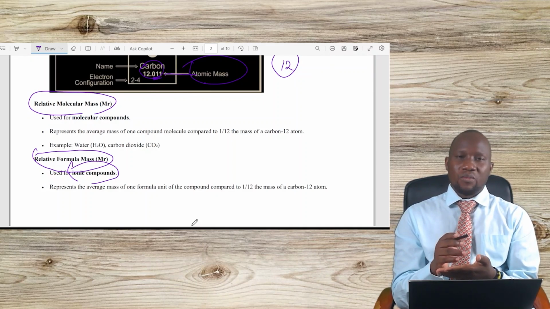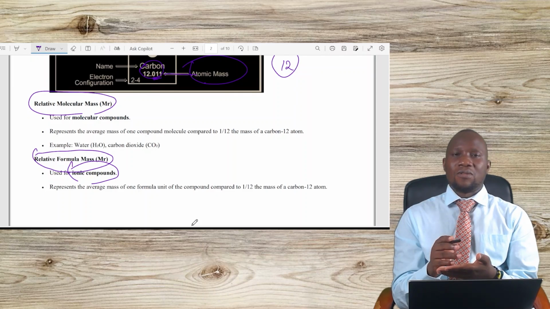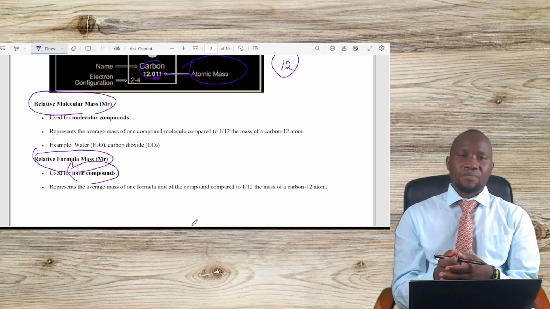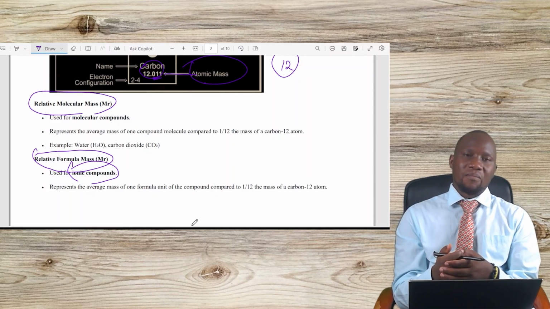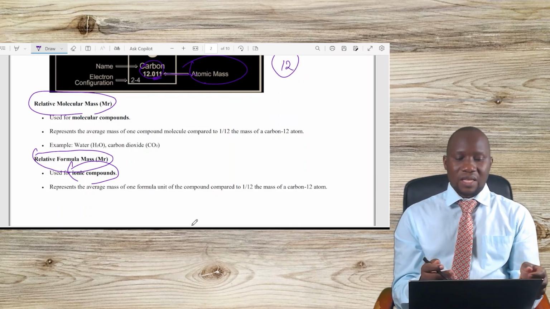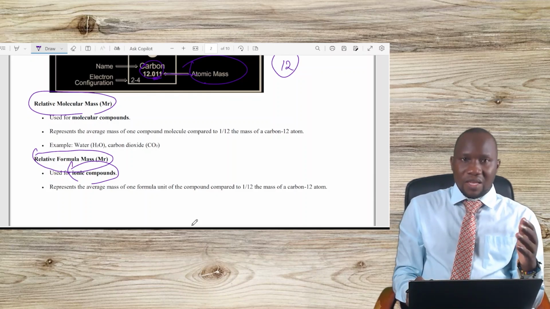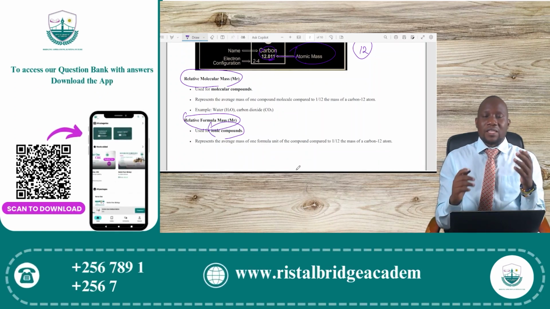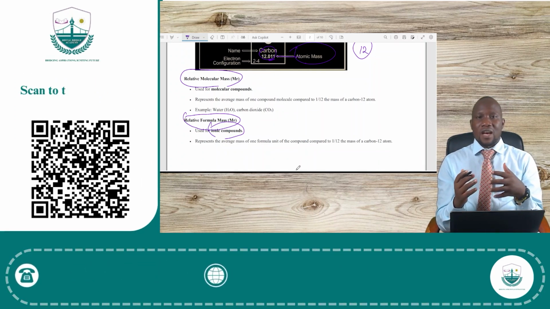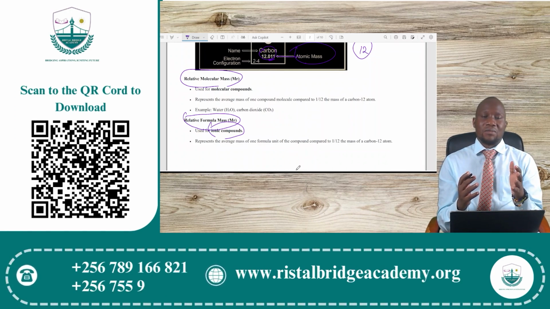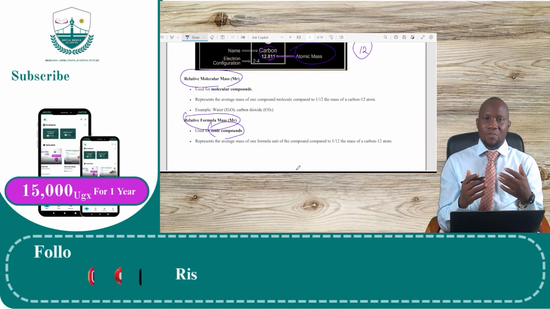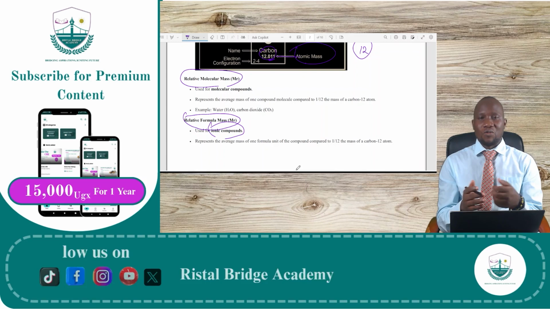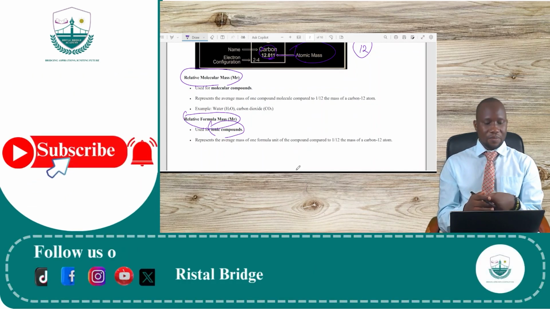So if we add the atomic masses of all the atoms in that compound, then we get the relative formula mass, or what we are calling the relative molecular mass. So the calculations are basically the same. It's just about which one is more exact than the other in terms of the conventional way of communicating in chemistry.